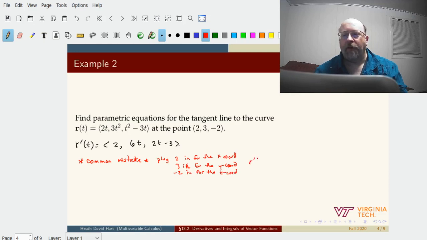And say that the derivative is 6 times 3, which would be 18, and 2 times negative 2 minus 3 is negative 4 minus 3, which is negative 7. That's wrong. Don't do this.